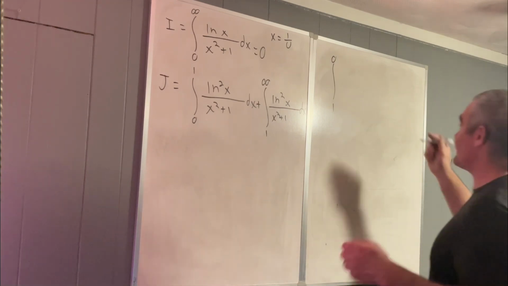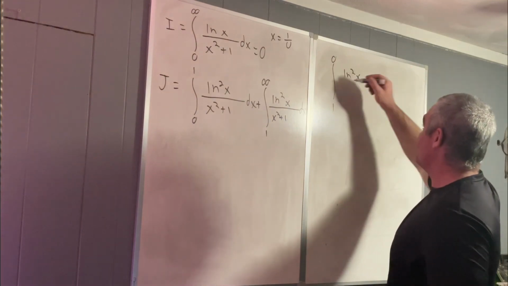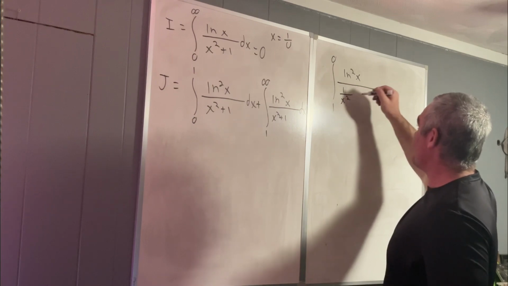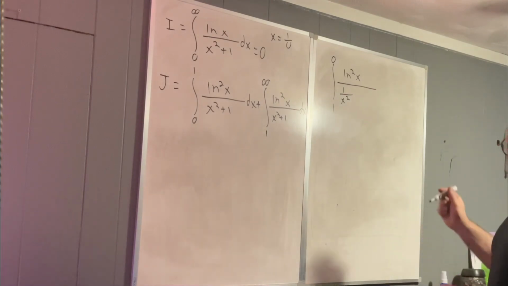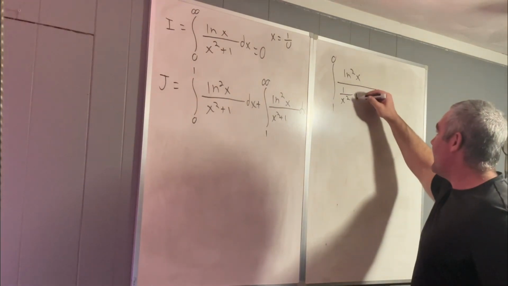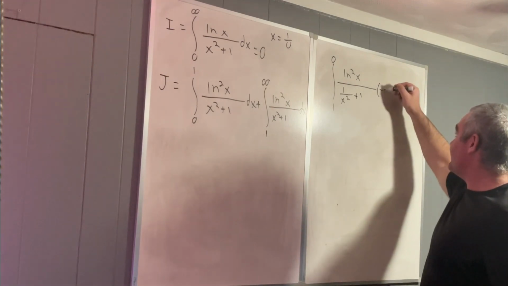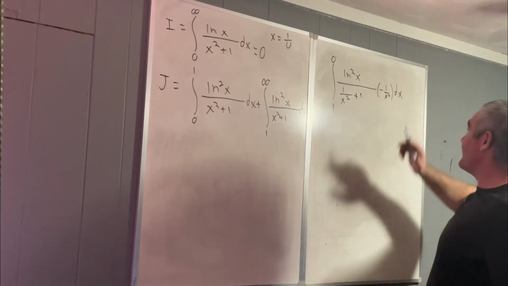In other words, you just get back the same thing. That would still be natural log squared x. And in the denominator, you'd have 1 over x squared. Of course, I should be putting u's here, but you guys get the idea. Plus 1, and then of course we'd have negative 1 over x squared dx.